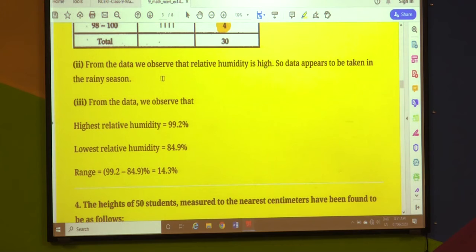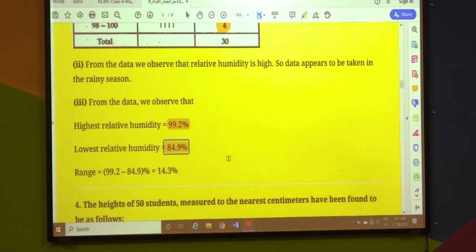The third question was, what is the range of the data? From the data we observe that the highest relative humidity is 99.2% and the lowest is 84.9%.